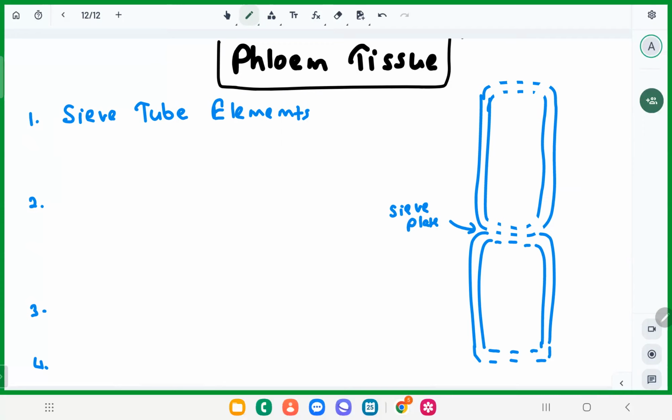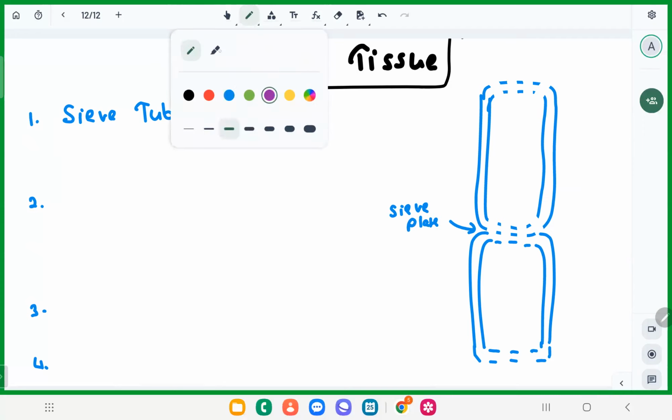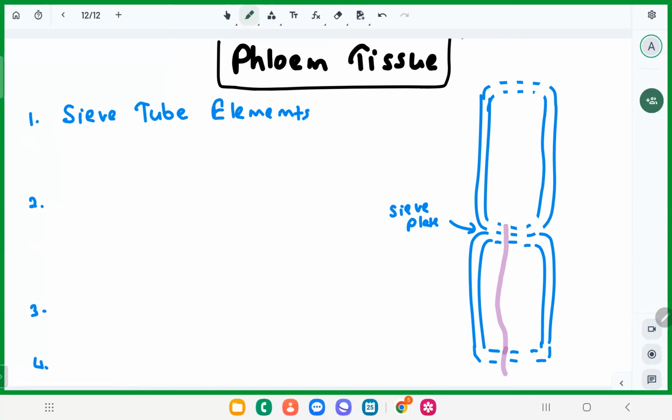The fact that they have the sieve plate here ensures that if there is food to be transported, there's a column, there's a continuity through which the food molecules can pass through these phloem sieve tube elements. So that's the first feature of the sieve tube elements.